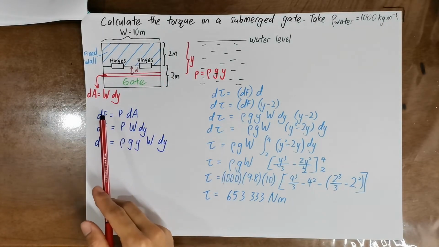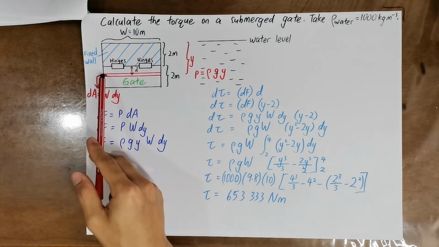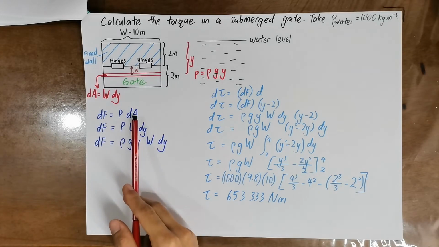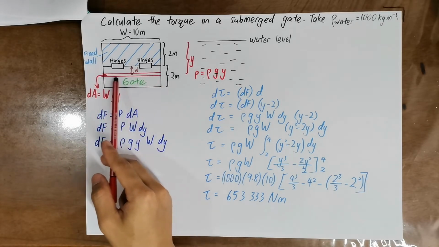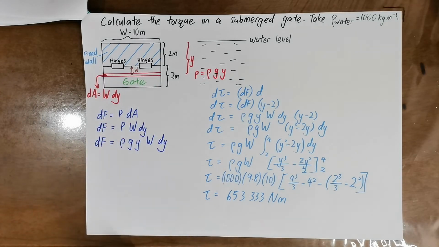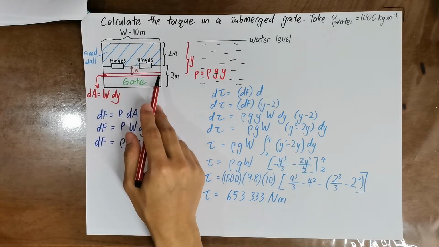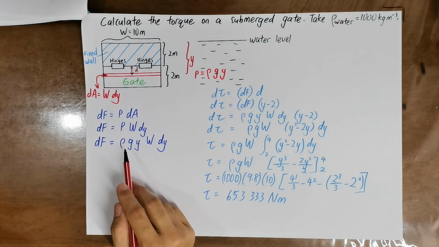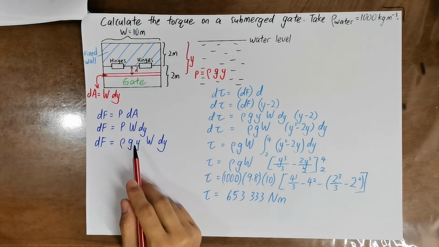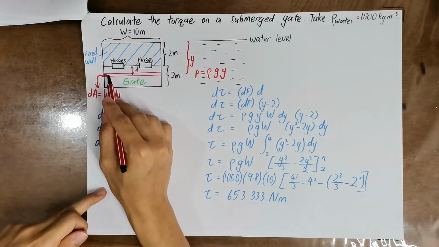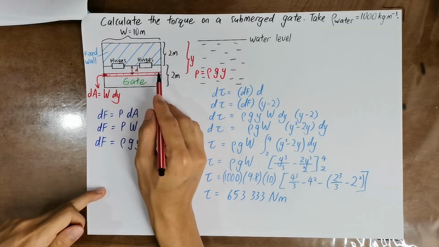First and foremost, you find a small force acting on a small area element. For example, our small area element here is this red strip. The pressure acting on this tiny area element is rho gy. A constant pressure of rho gy is acting on every single point in the tiny area element.